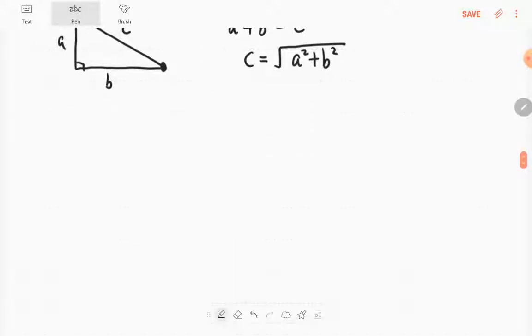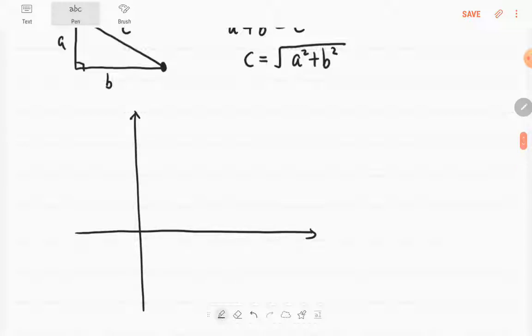Let's look at 2 points in our xy coordinate system. We have this point, which is the (x1, y1) point, and this is the (x2, y2) point. This is x1, and here is x2, and here is y1.